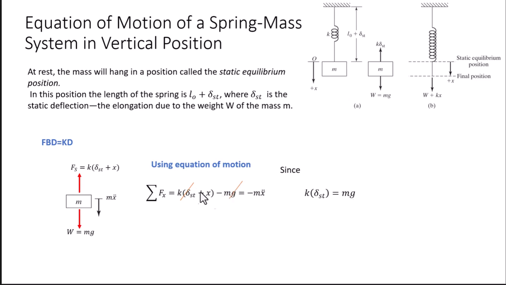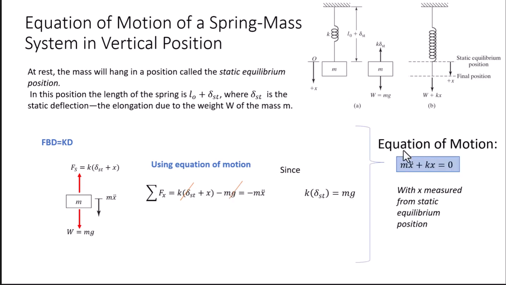So these two terms cancel out, and we get exactly the same equation that we got before in a horizontal system. Please note that the weight is not taken into consideration in this expression because it cancels out with the static deflection. So this equation is valid when we measure x from the static equilibrium position.